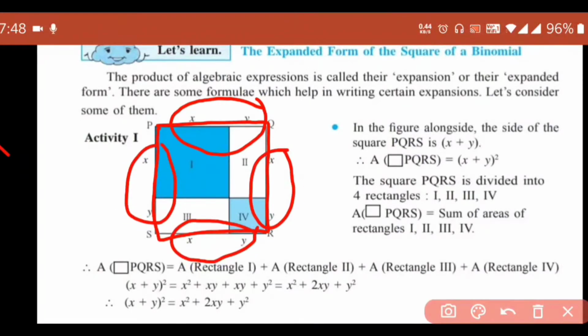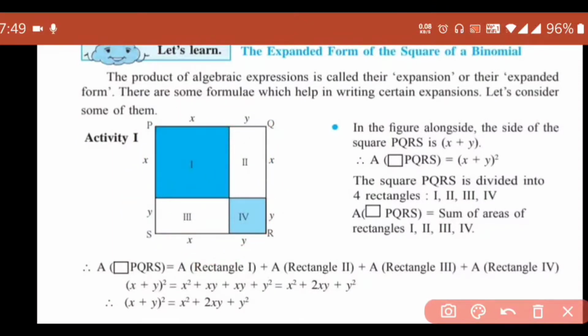So when we want to find the area of this square, what do we have to write? Area of square PQRS will be equal to (x plus y) square, because the area of a square is side square.